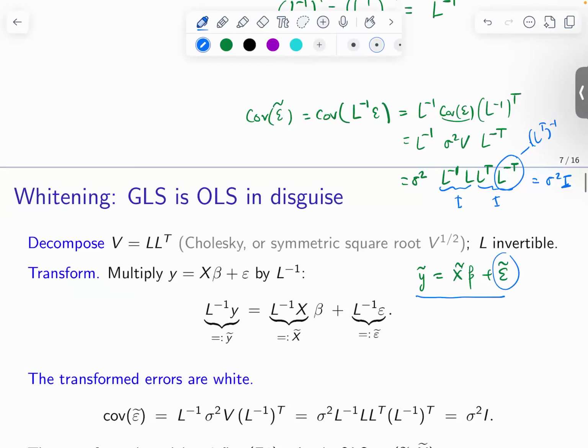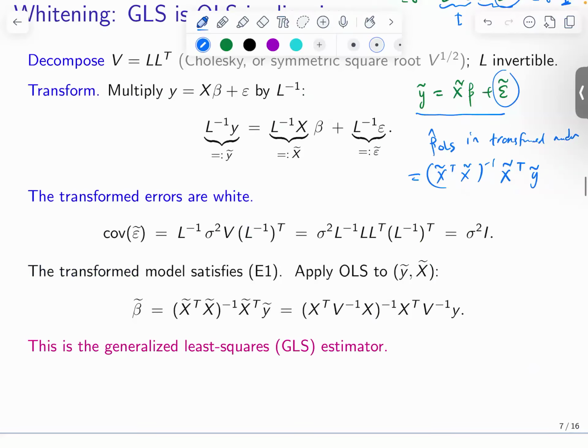If I compute beta hat OLS in the transformed model, I get x tilde transpose x tilde inverse x tilde transpose y tilde. This is the OLS in this new model, so it is guaranteed to be unbiased because it's the usual linear model, and any unbiased estimator of beta will be beaten by this one in terms of variance.